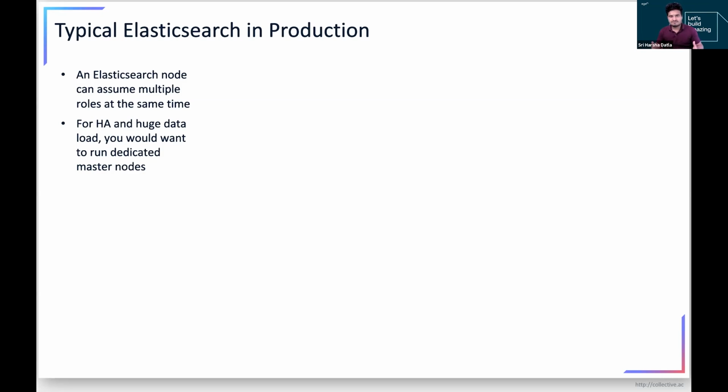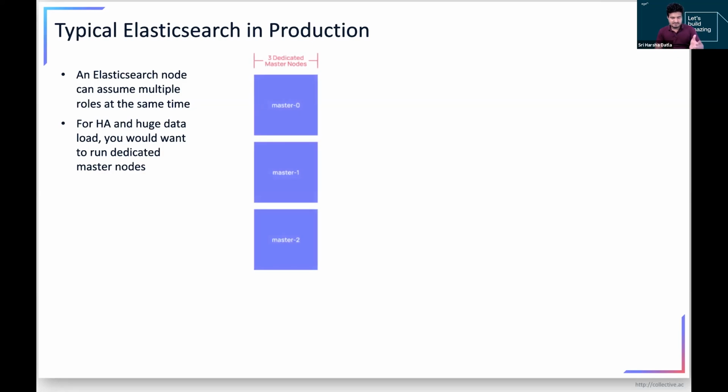That probably isn't a completely right solution. So Elasticsearch, and also we, with our experience, recommend that for your huge data load, and if you want higher availability, always run dedicated master nodes in your cluster. Just give the role of master to those nodes, and it should be an odd number of master nodes so that you don't have to worry about master election, because it's always between those three.